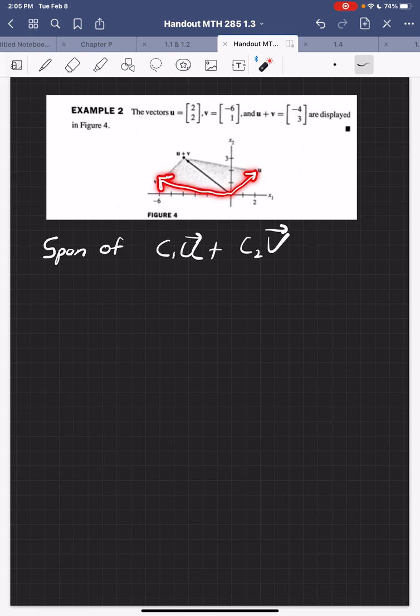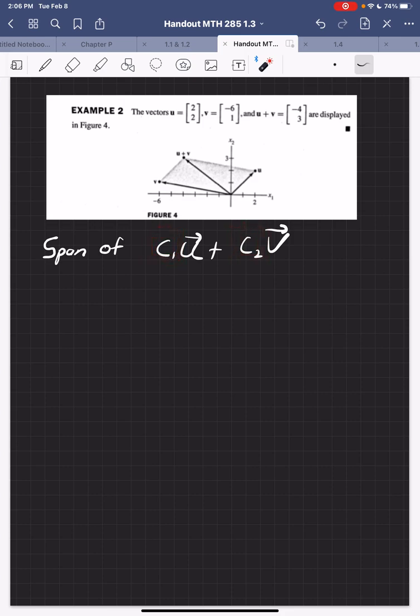What I want you to notice is that through some linear combination, there is a way of combining u and v given certain scalars such that you can reach this other vector, negative 4, 3. In a little bit we'll teach you how to figure out what those scalars would be.